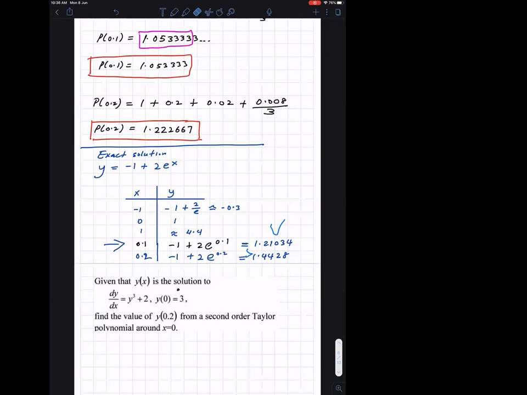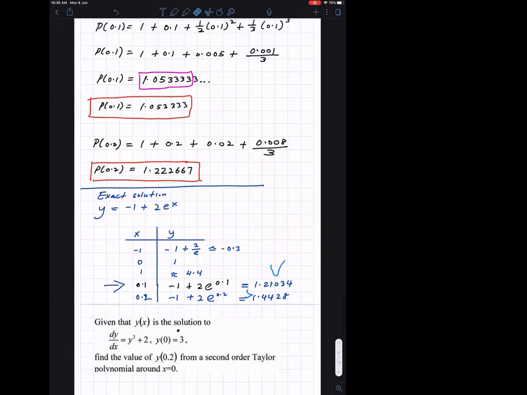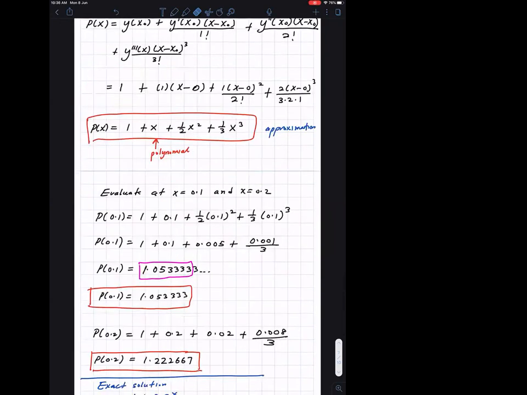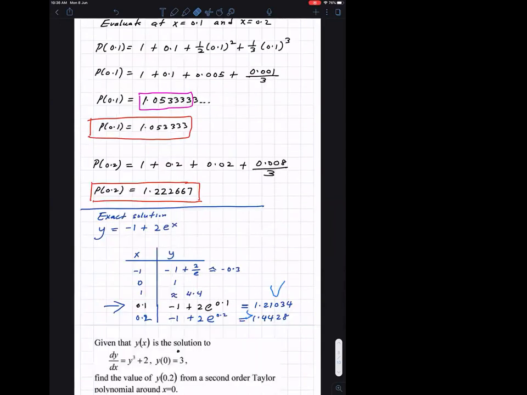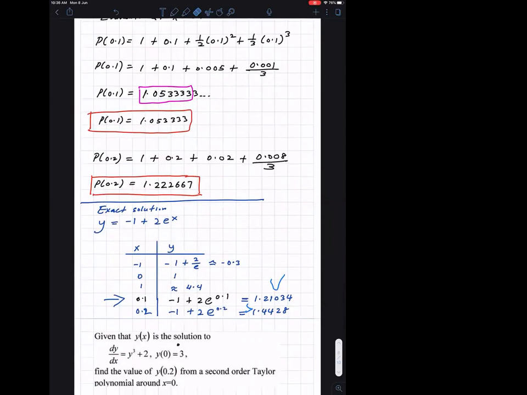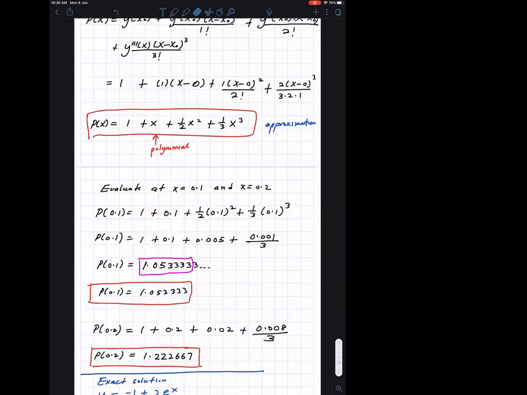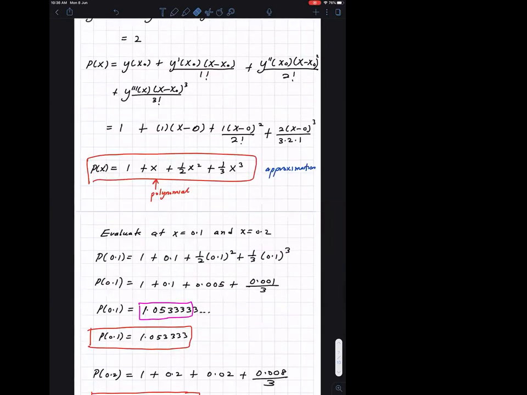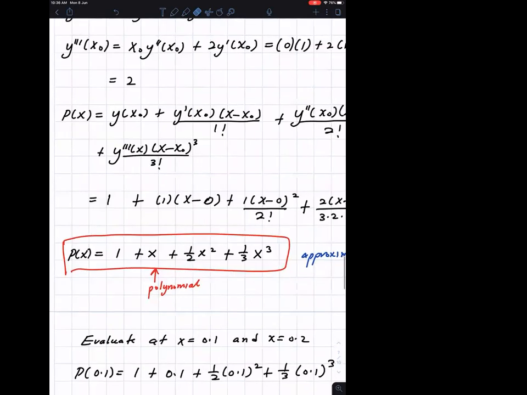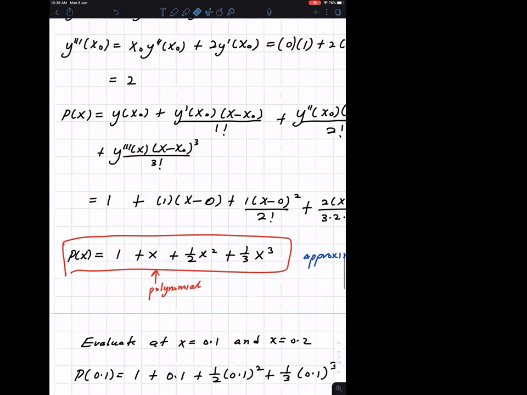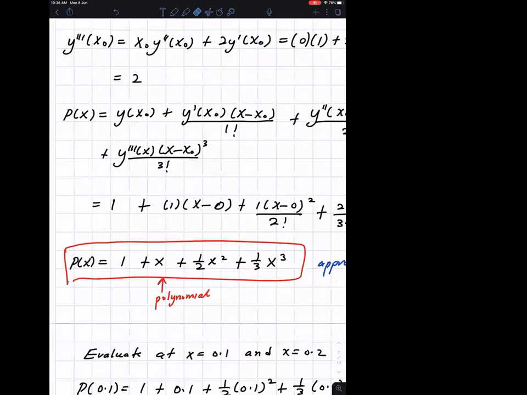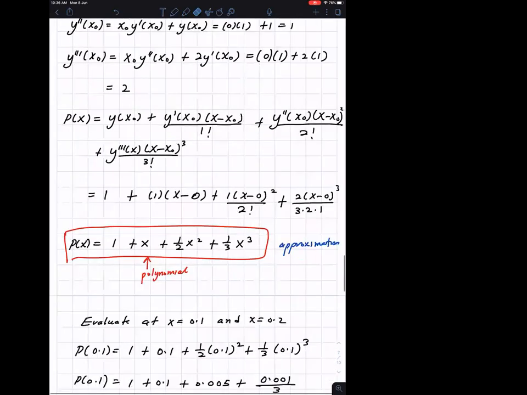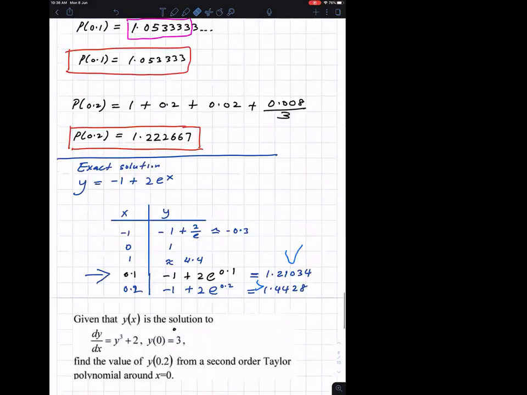So the higher the order of the derivative, probably you'll get a more accurate answer. Right now, we are just going up to the third derivative, the third order polynomial. Therefore, we are not going to get a very accurate answer. If you take it to higher level derivatives, then you might get a more accurate answer. Any question?